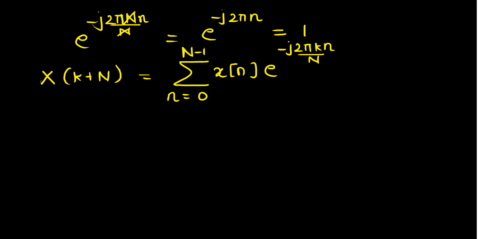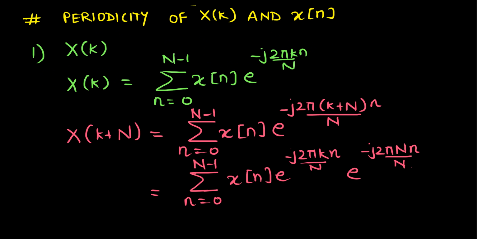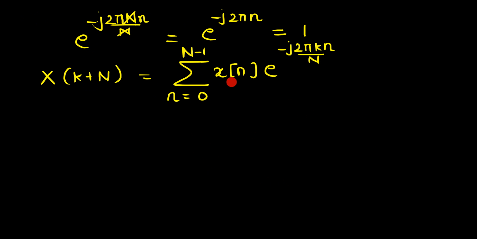And if we observe the original expression of DFT, that is X of k, and compare it with this expression, we can observe that it is exactly the same. So we can conclude that this X of k plus N is equal to X of k. What does this mean?